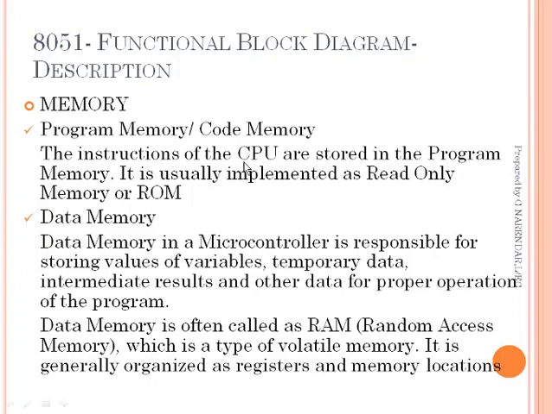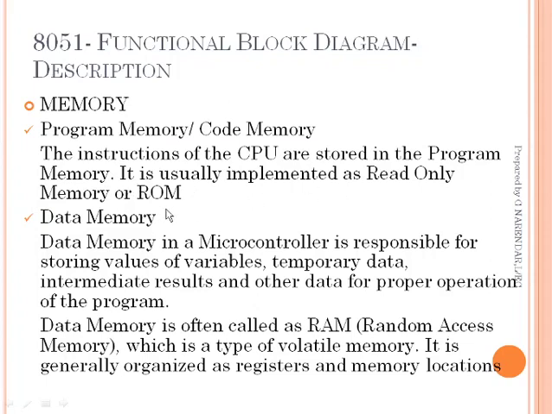In order to perform a task, we have to issue a number of instructions to the CPU, and we type them through the keyboard. Whatever instructions we type will not be directly executed by the CPU, but will be stored in the so-called program memory or on-chip ROM. So the instructions of the CPU are stored in the program memory, and it is usually implemented as read-only memory.